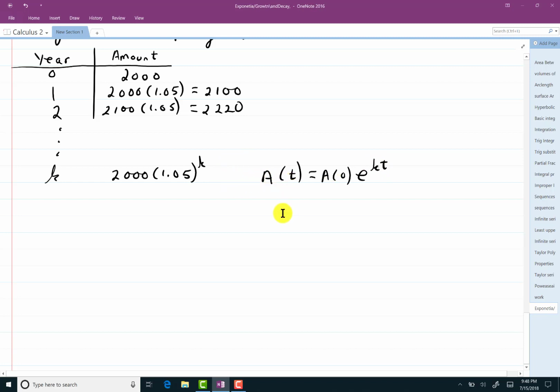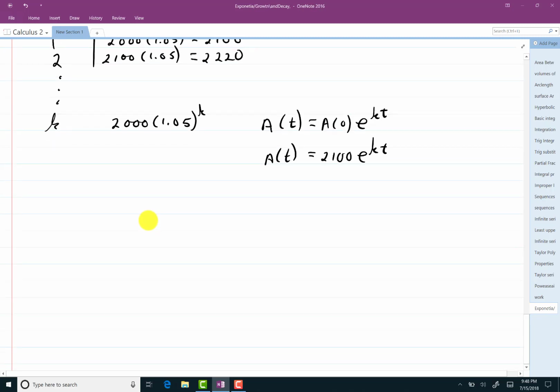What are we going to have here? Well, I already know A of 0 was 2,000. And I also know that after 1 year, A of 1 was equal to $2,100. And A of 1 equals 2,000 times e to the k times 1.